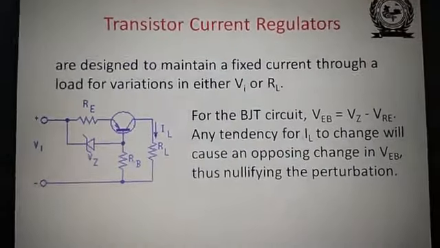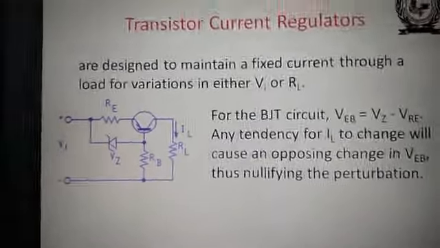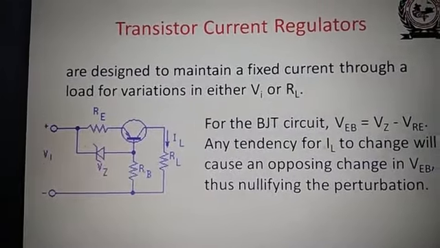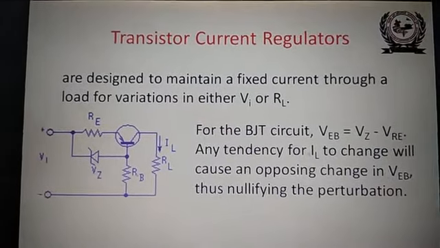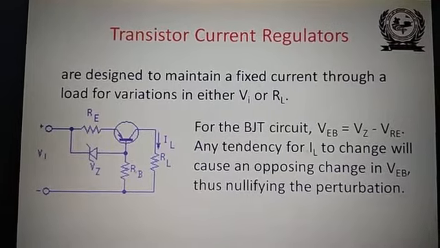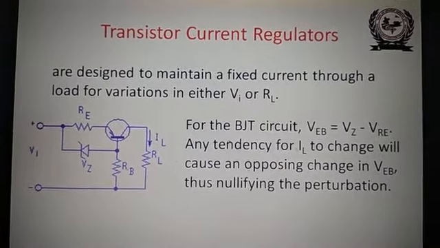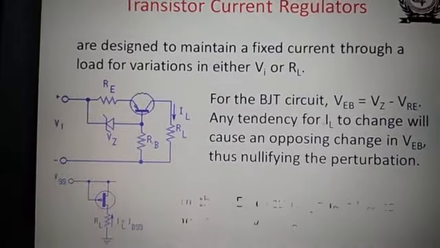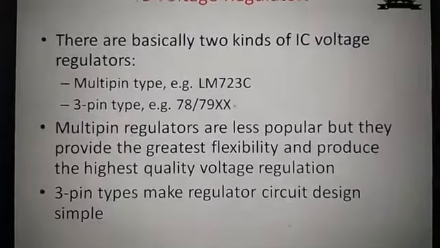For the BJT circuit, VEB, or VB, you can say, is VZ minus this VRE. Any tendency for IL to change will cause an opposing change in VEB, thus multiplying the perturbation. This is the FET circuit regulator.